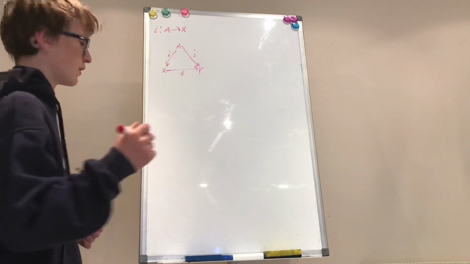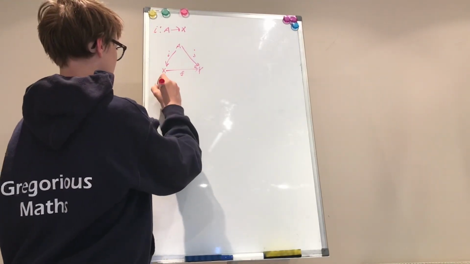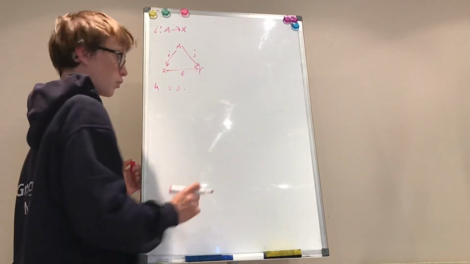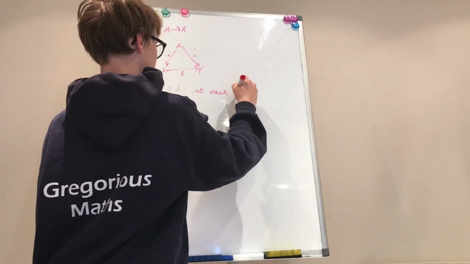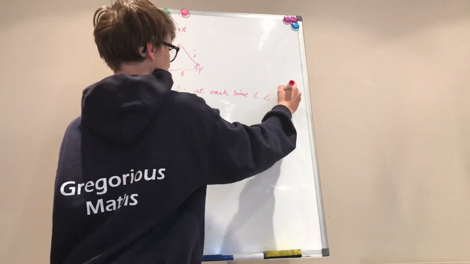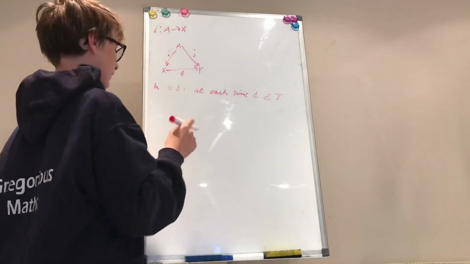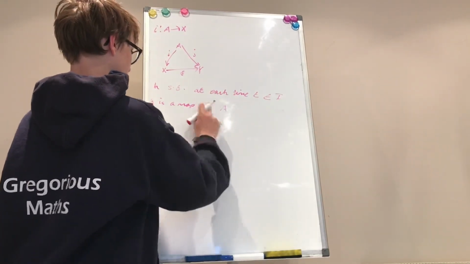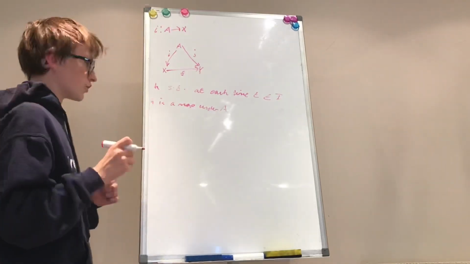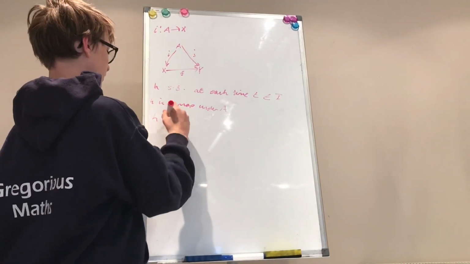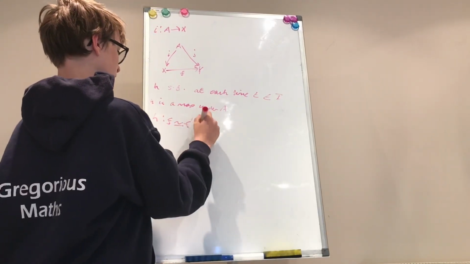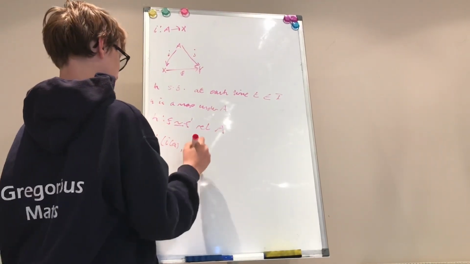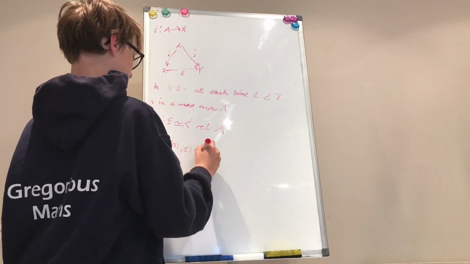A homotopy of maps under A is a map H such that at each time t in the interval, H is a map under A. In this case we write H as a homotopy between F and F prime rel A, and H of (I of a, t) is equal to J of a.